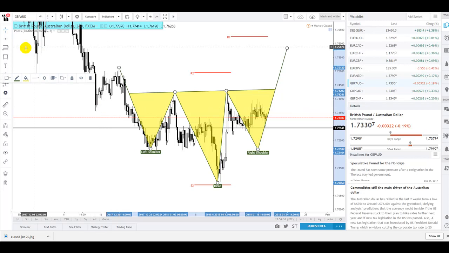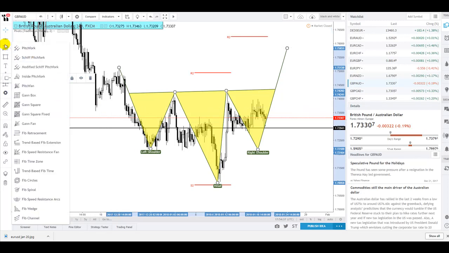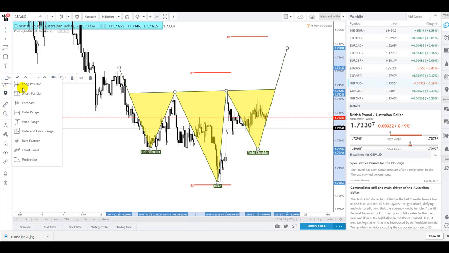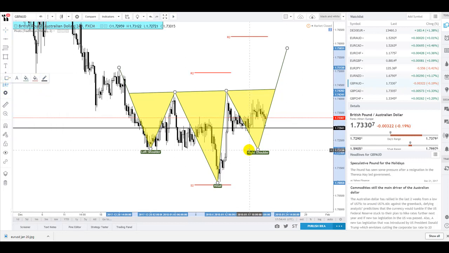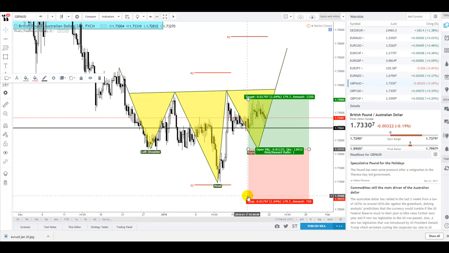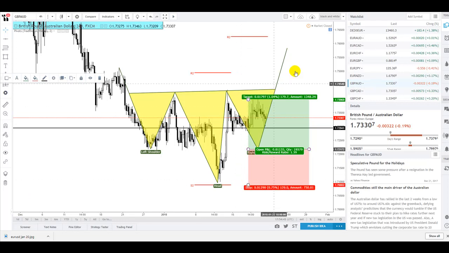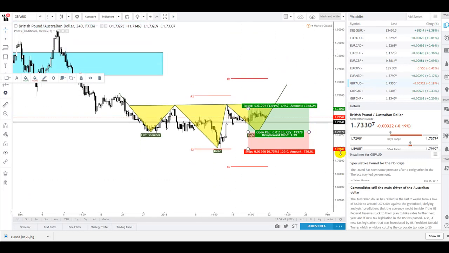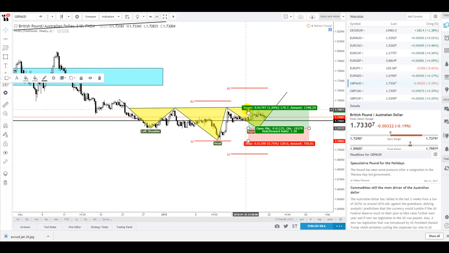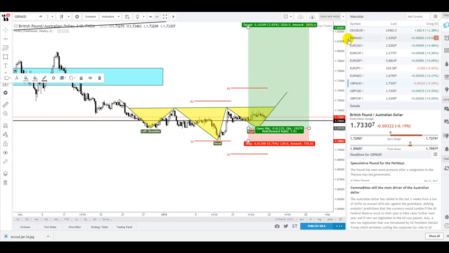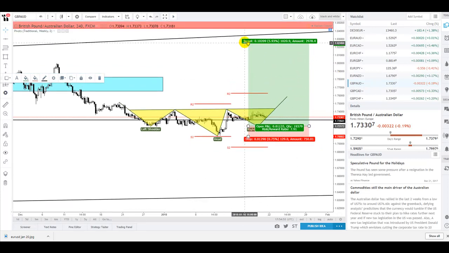For the aggressive traders out there, we'll be looking for long trades based on the right shoulder with stop loss below the head, and then we're going to have to bring this all the way down because we need to try and target 127, which is all the way up here. So that's a 9-to-1 based on that information, and that's targeting 184.